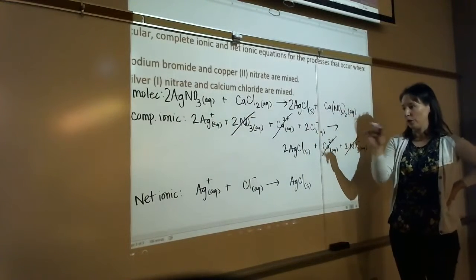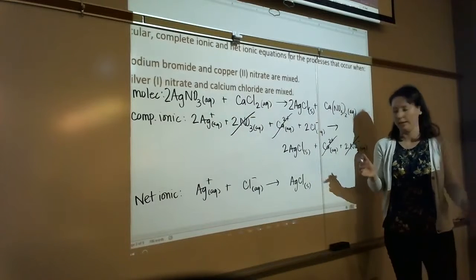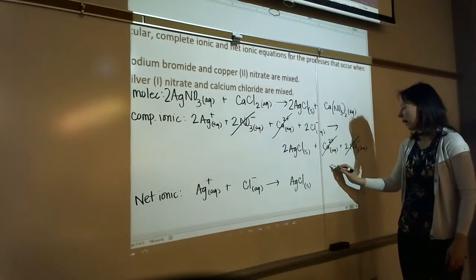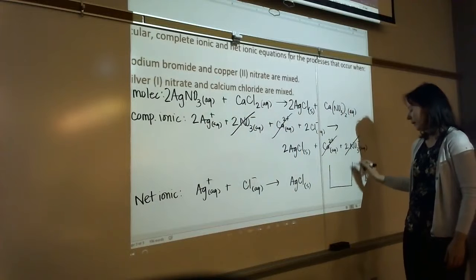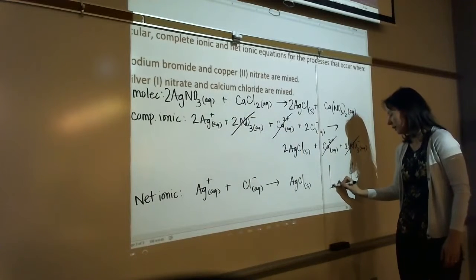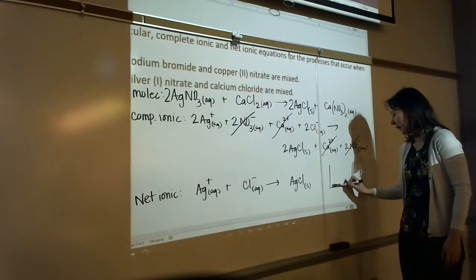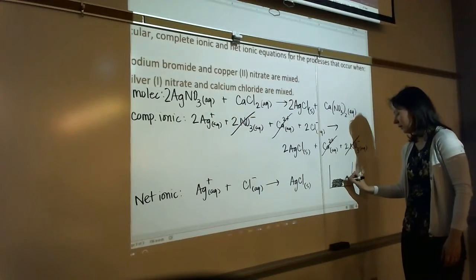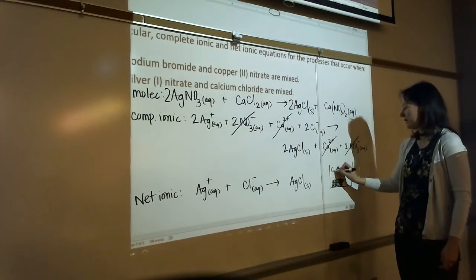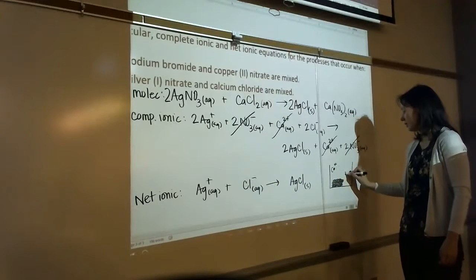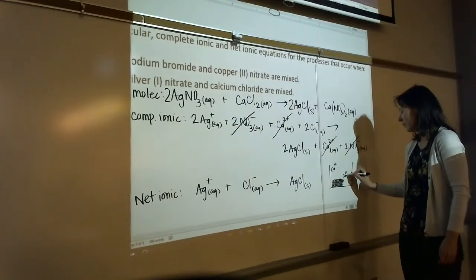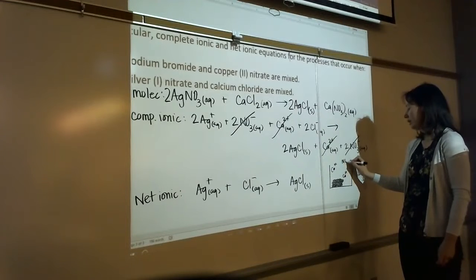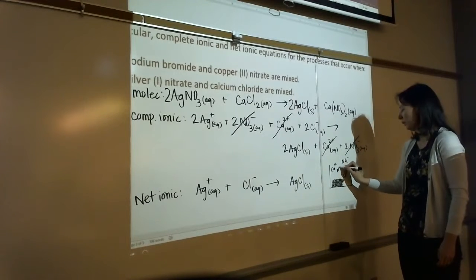Everybody else is just floating around in the solution. They're not doing anything. So if you could see your molecules and ions, you would have your solid down here on the bottom. Remember, solids have a regular repeating arrangement. We call that a crystal lattice. And then your Ca2+ ions are just floating around, and your nitrates are just floating around.